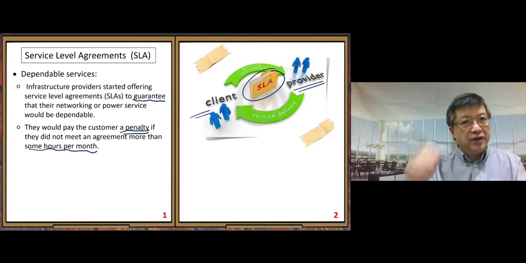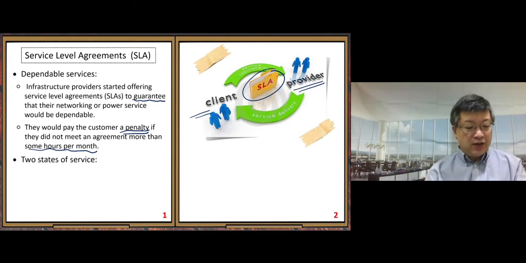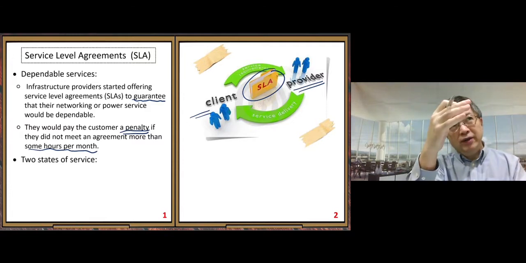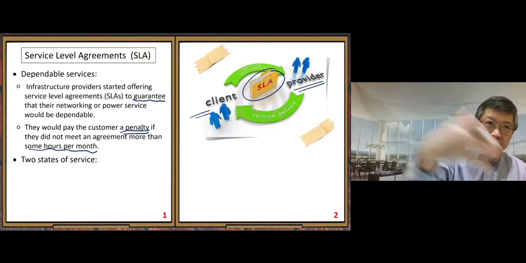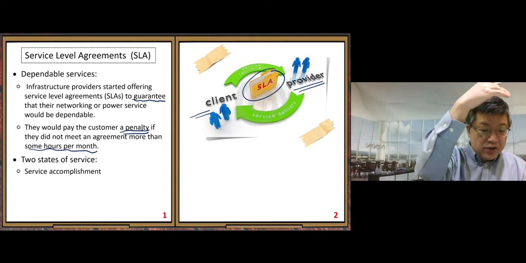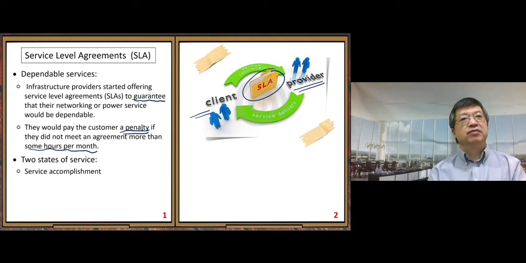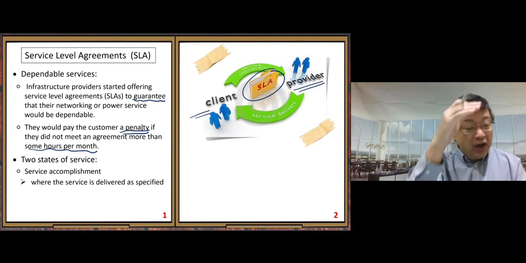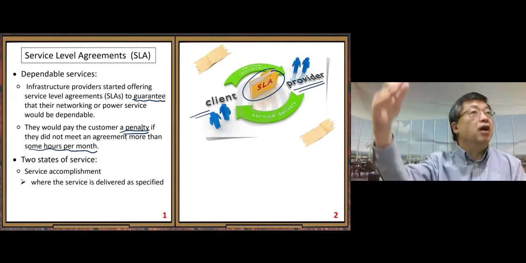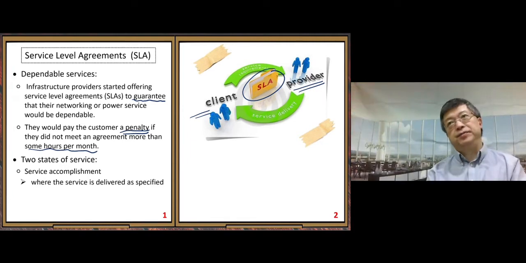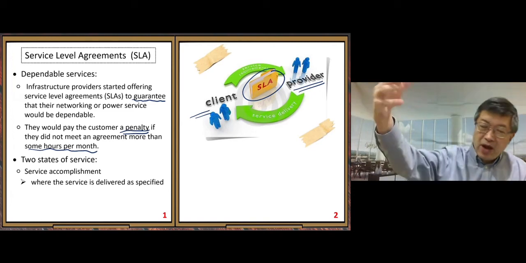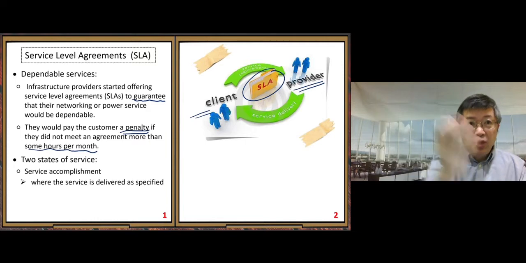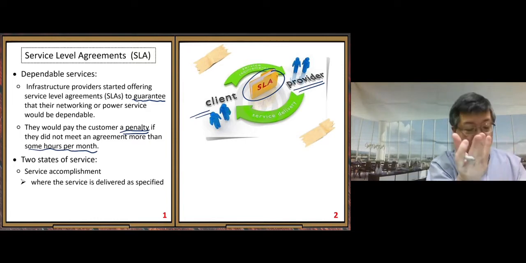Things like this. So let's look at the two states of service. One from the positive direction. It's called a service accomplishment. So that is, the service is delivered as specified in the agreed SLAs. So that's from the positive direction. But another should be from the negative direction, right?